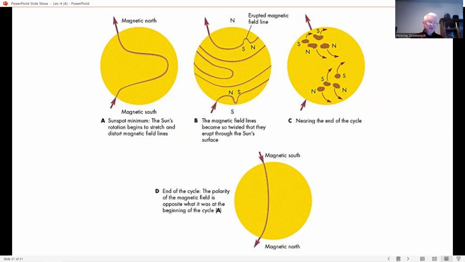Tangles in the field arch above the sun's surface and cause active regions visible to your eyes as sunspot pairs. When the field becomes strongly tangled, it reorders itself into a simpler but reversed field, and the cycle starts over.